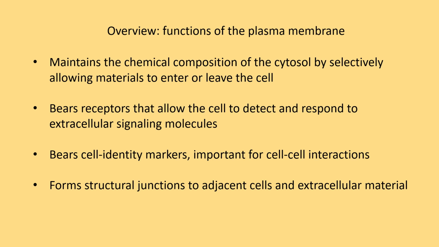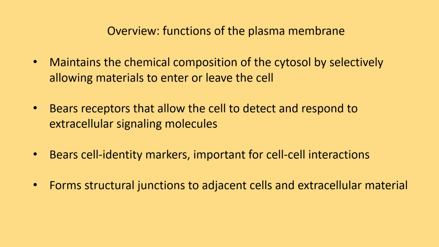Bullet point number 2, plasma membranes have receptors that allow that cell to detect and respond to extracellular signaling molecules. And I touched upon an example of this when we were talking about transcription factors as part of protein synthesis in an earlier lecture. In that example, we saw that a signaling molecule bound to a receptor that was part of the cell's plasma membrane.